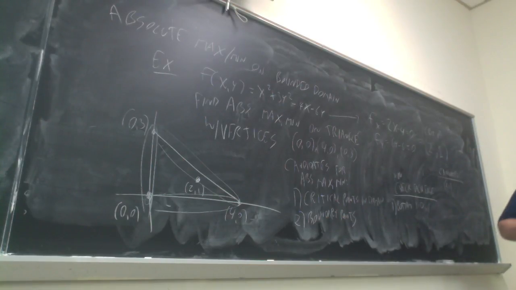But it's not the entire line y equals 0, it's just the portion that's the base of that triangle. So we need to restrict x. What are the values of x to consider? Between 0 and 4. So this equation and this set of inequalities describes the base of this triangle. So that's one edge.